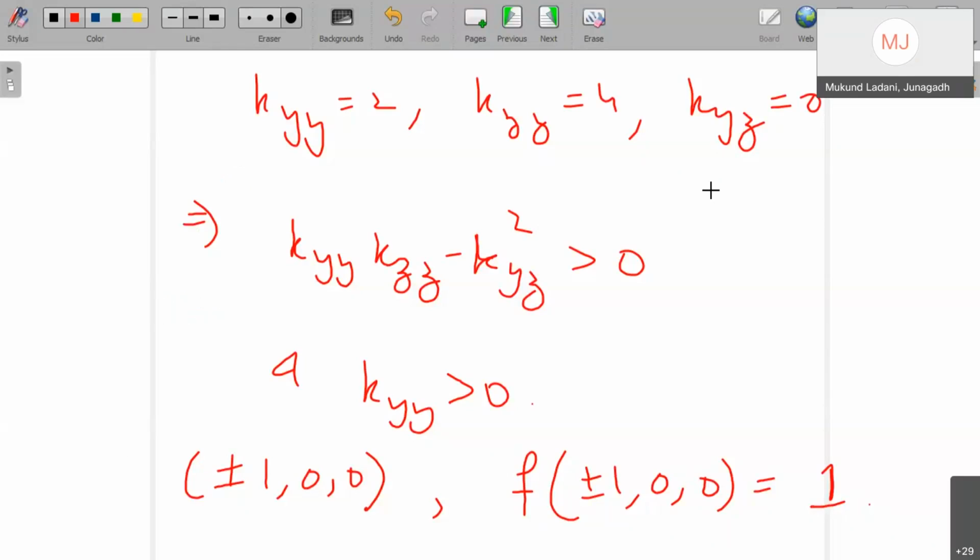You will see soon that f is what you are optimizing subject to the constraint g, where g of x comma y comma z is a surface. The method of Lagrange multiplier will tell you that the normals to both surfaces will be parallel. That you will soon realize in the next meeting.